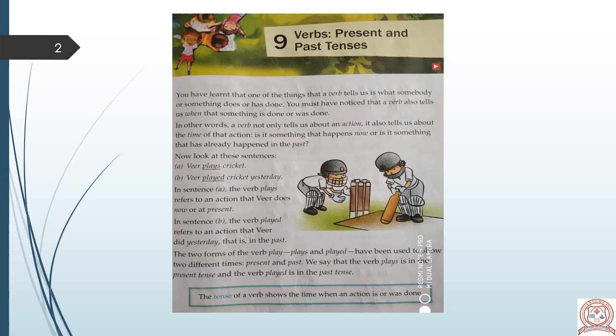Present tense is used to describe things that are happening right now or things that are continuous. Past tense is used to describe things that were done in the past.